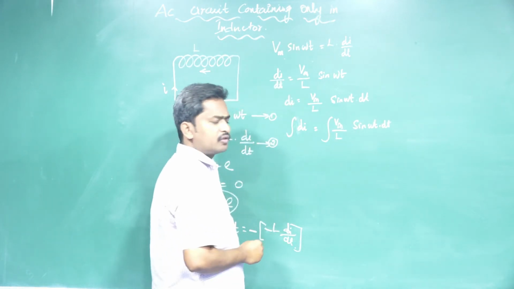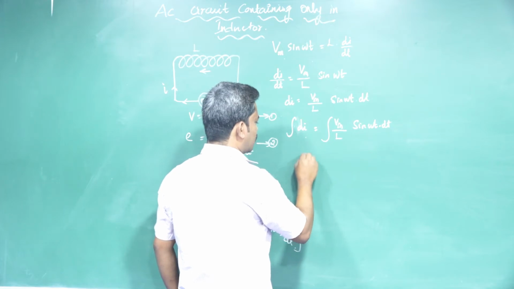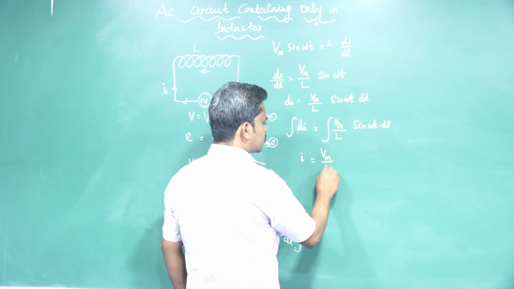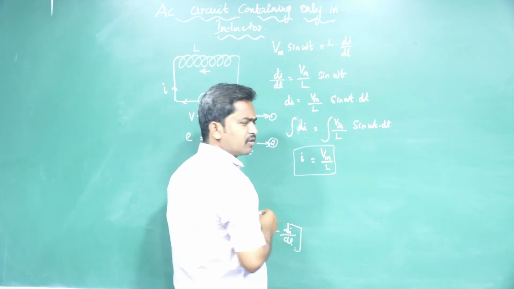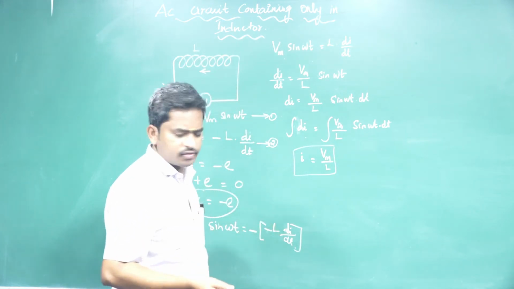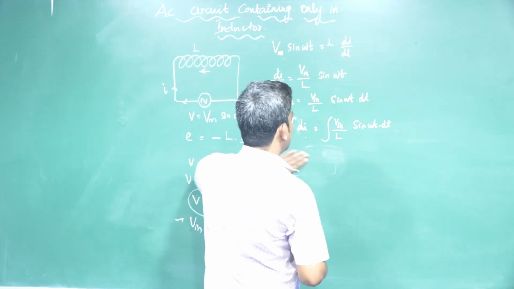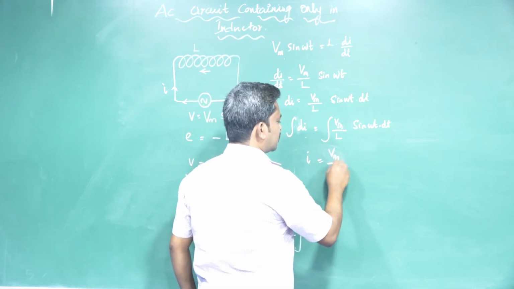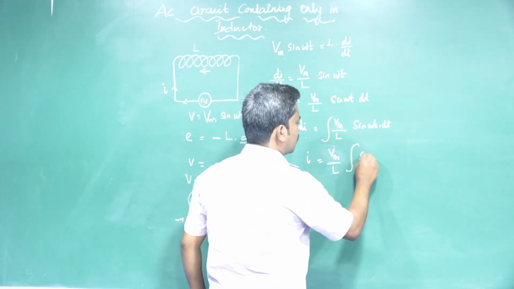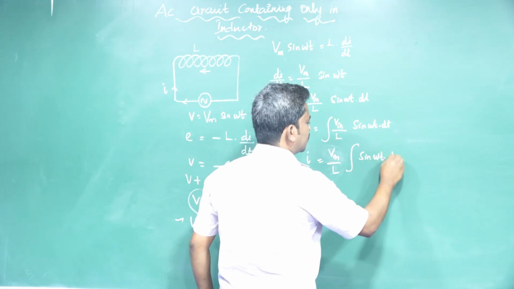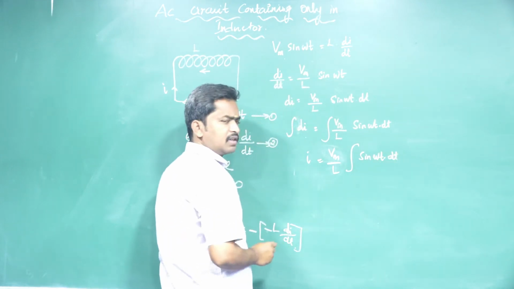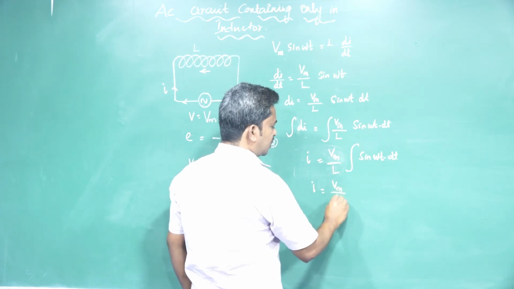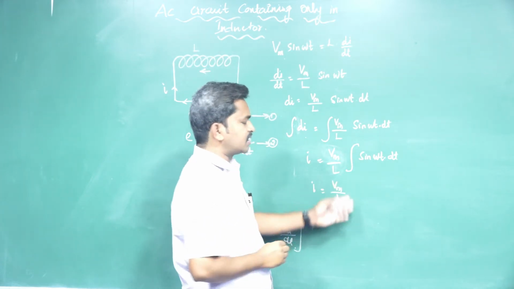Vm divided by L is a constant, so I take it as a common factor. So I is equal to Vm divided by L times the integral of sin omega t dt.